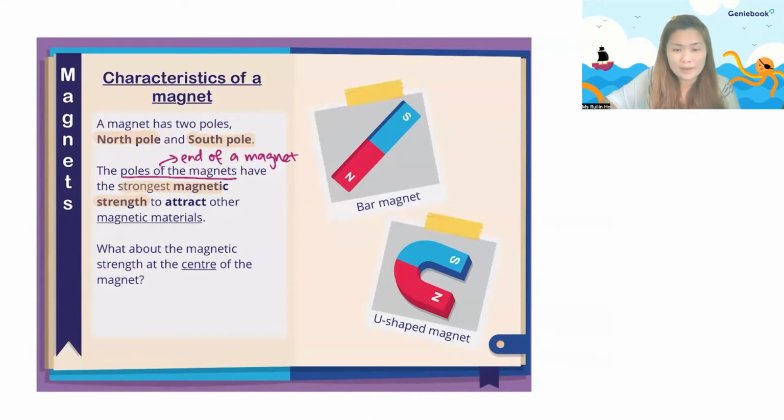In a ring magnet, where are the poles? I will draw the ring for you, but give me a while. Let me answer the question at the bottom first. What about the magnetic strength at the center of the magnet? The center of the magnet is actually the weakest.